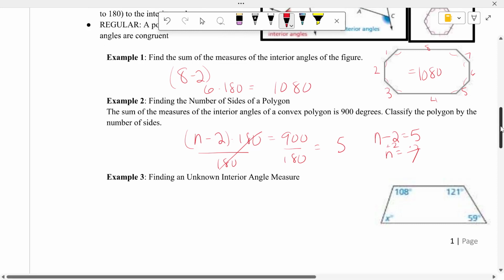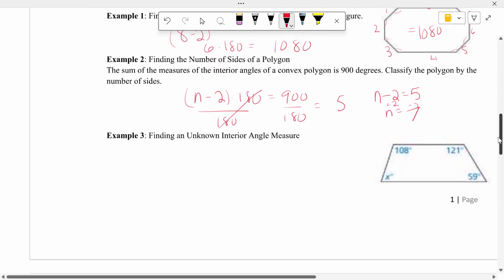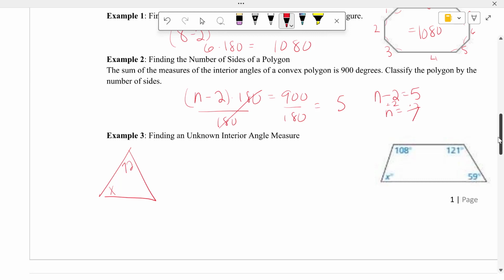All right, in a problem like this, it's just like the way we used to do the triangle sum. You've got a triangle, and you've got a missing angle. So say if that was 72, 38, whatever, we do 180 minus the total of these to get our missing part. Do the same thing here, but now it's a 4-sided shape, so we've got to figure out what's the total degrees. So 4 sides minus 2 gives you 2, times 180 gives you 360. So we know this shape is going to total 360.